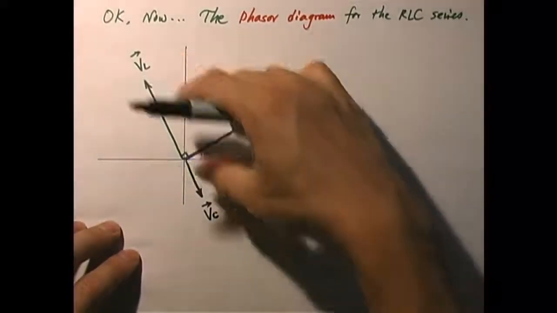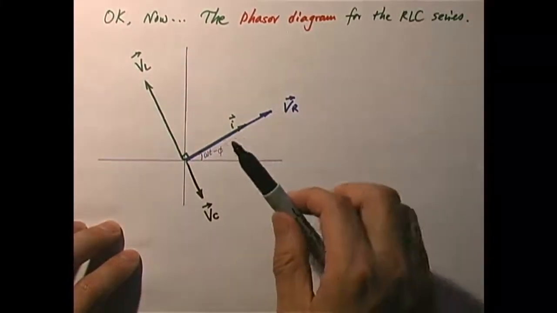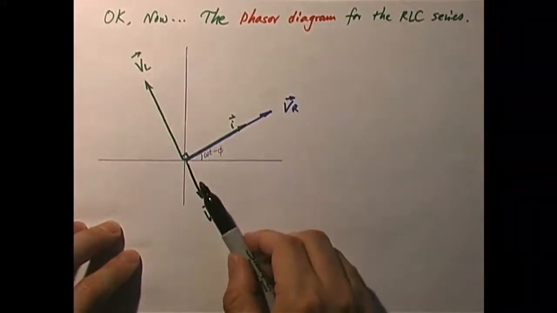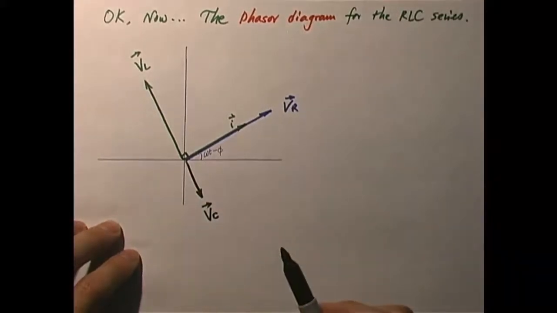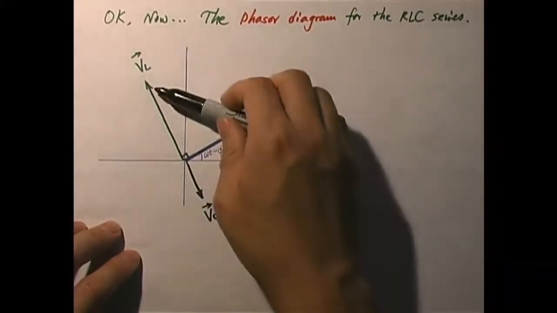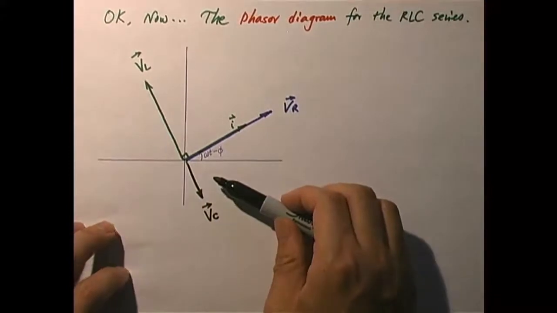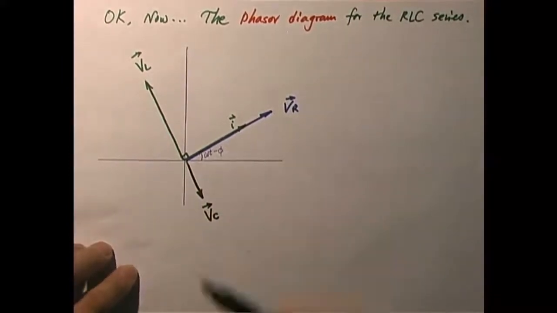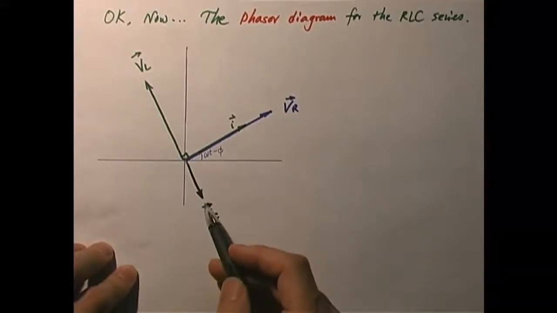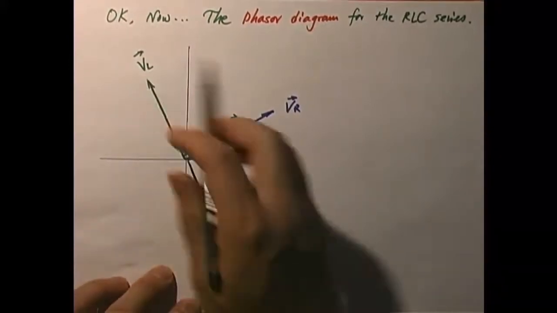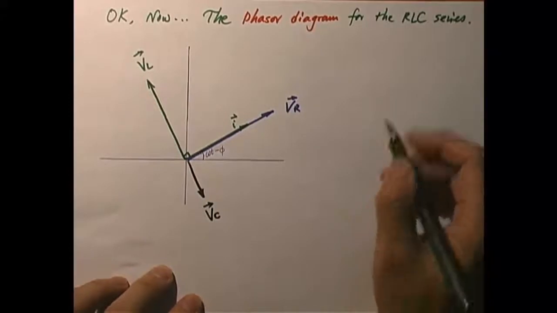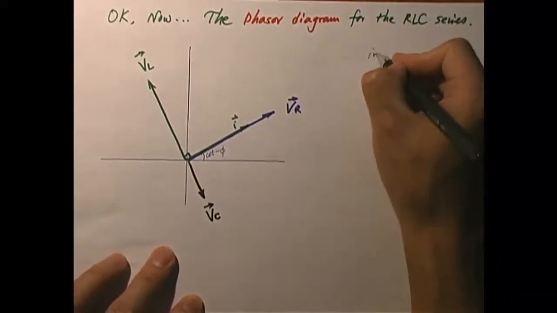Depending on which one is longer, you will get a net vector in the direction of the longer one. The way I draw it, VL is longer than VC. This sometimes happens, and if it does, we say the inductor is more important than the capacitor because it produces a greater voltage drop. Then we say this is an inductive circuit.